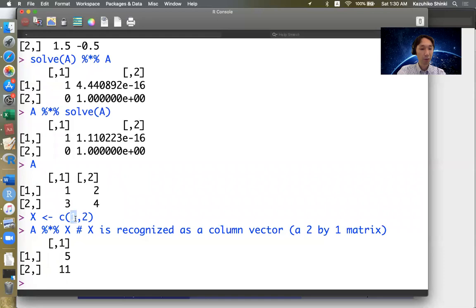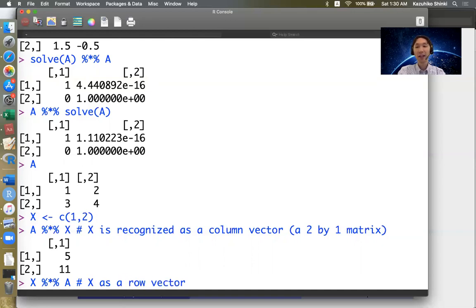And 3 times 1 plus 4 times 2 is 3 plus 8, so 11. So 5, 11. So you can get this. But if you type XA, this still works. In this case, the X is recognized as a row vector.